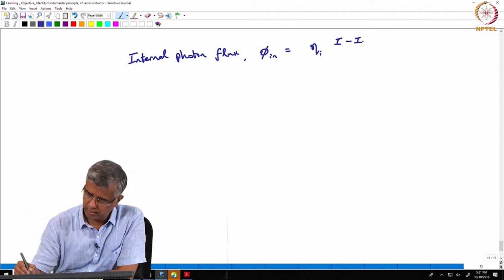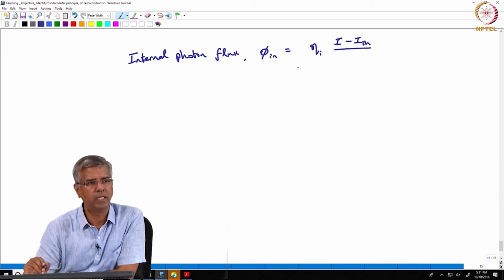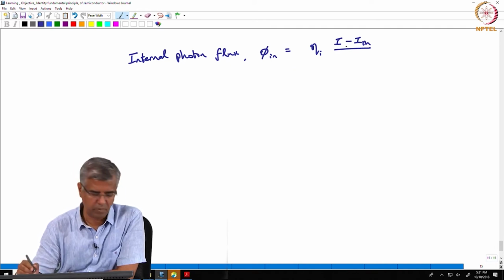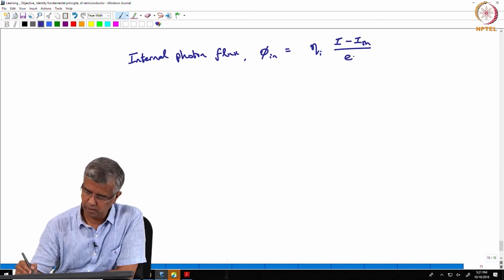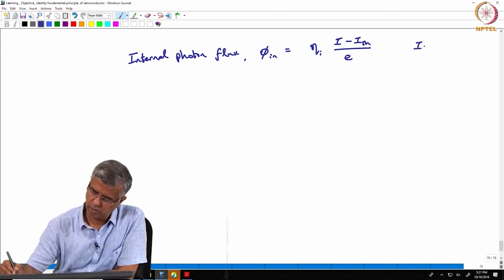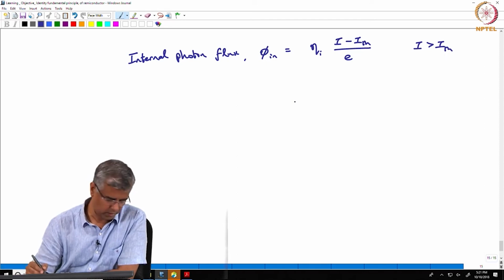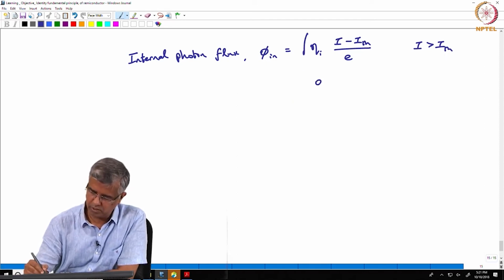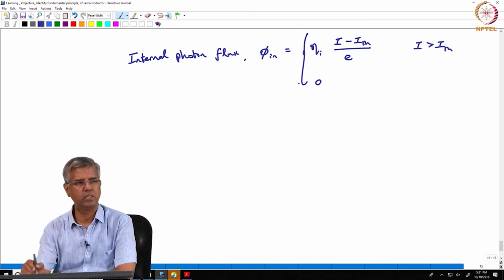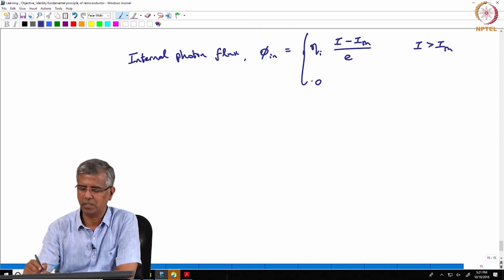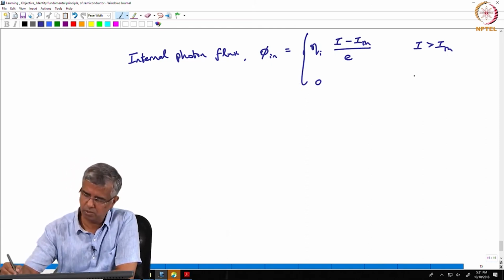And then you are going to have emission only for current beyond the threshold current. So, I minus I threshold over E, and that is what you have for I greater than I threshold. It is approximately 0, it is not really 0 because there is still spontaneous emission, but you can approximate that to be 0 for I less than or equal to I threshold.